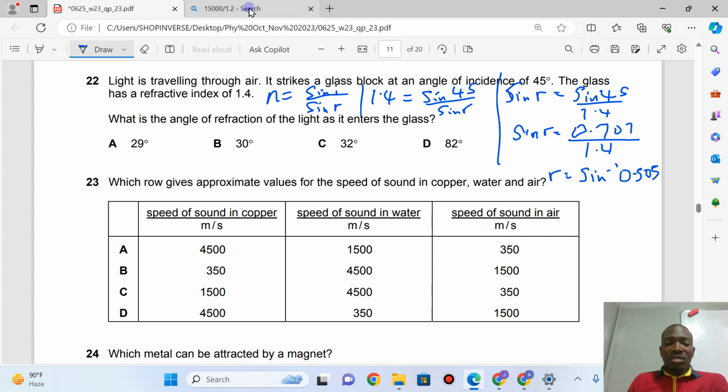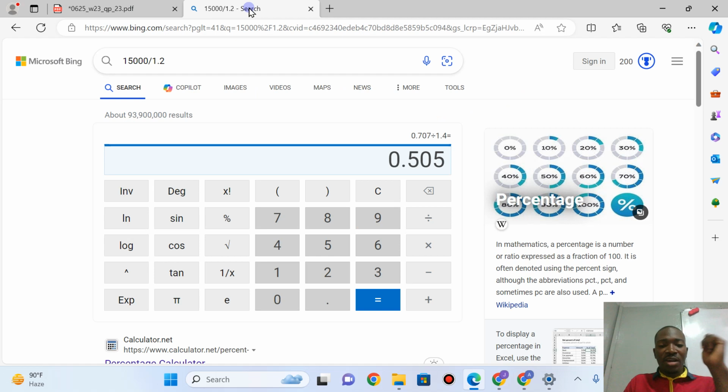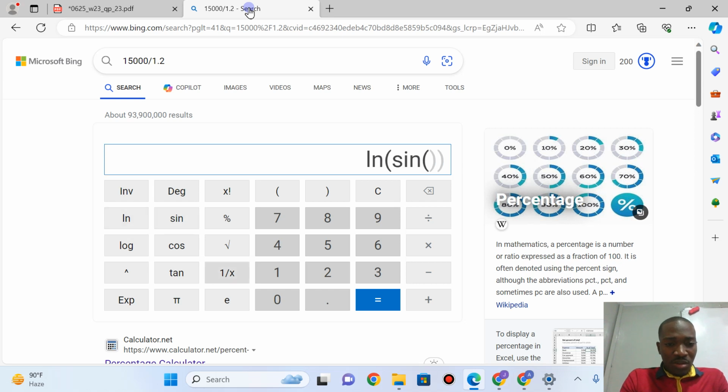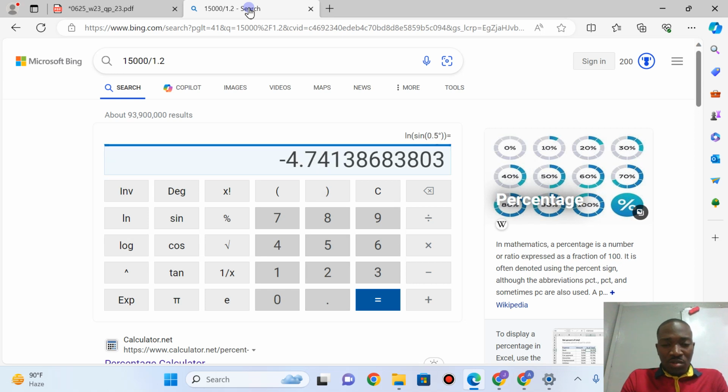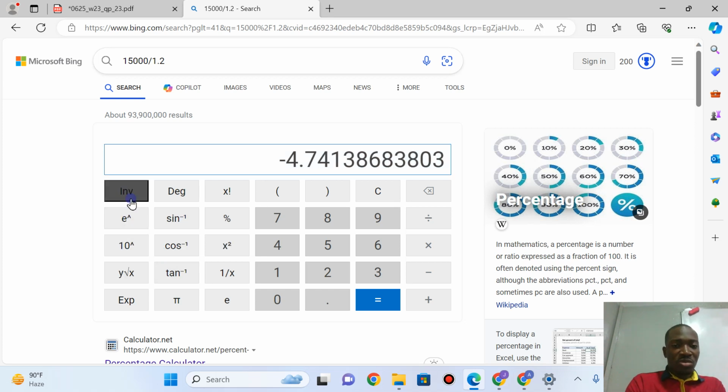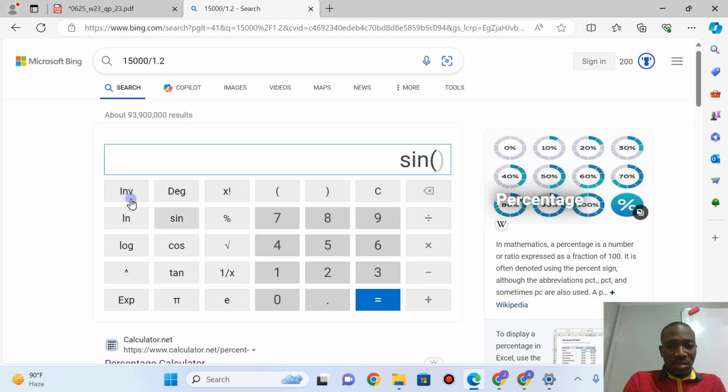Shift sine 0.505. So let me do the inverse of sine. Okay, so inverse of sine is not working. I'm supposed to use inverse of sine.